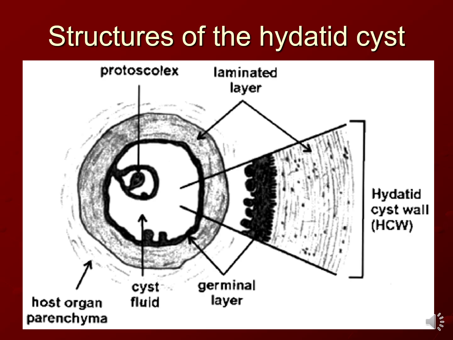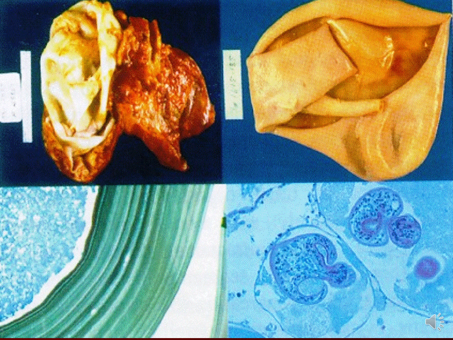And then there is the germinal layer, which is the dark layer inside. This germinal layer is a syncytium of cells from which protoscolices will pop up inside the hydatid cyst in the fluid-filled cavity, and this may enlarge to become daughter cysts as well, that we'll see more pictures of.